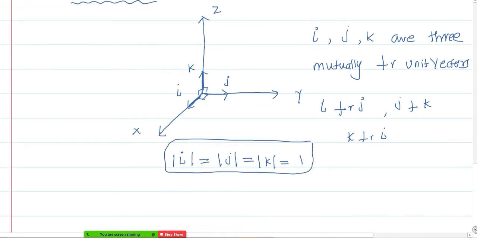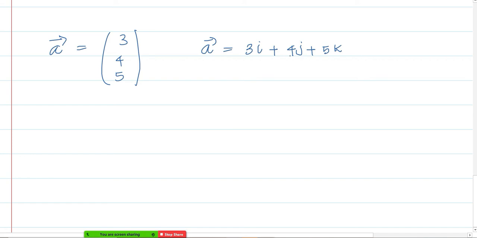If you consider a vector, say a column vector 3, 4, 5, what it indicates, in Cartesian coordinate form, is 3i vector plus 4j plus 5k vectors. So be comfortable handling a vector in column vector form as well as ijk component form.